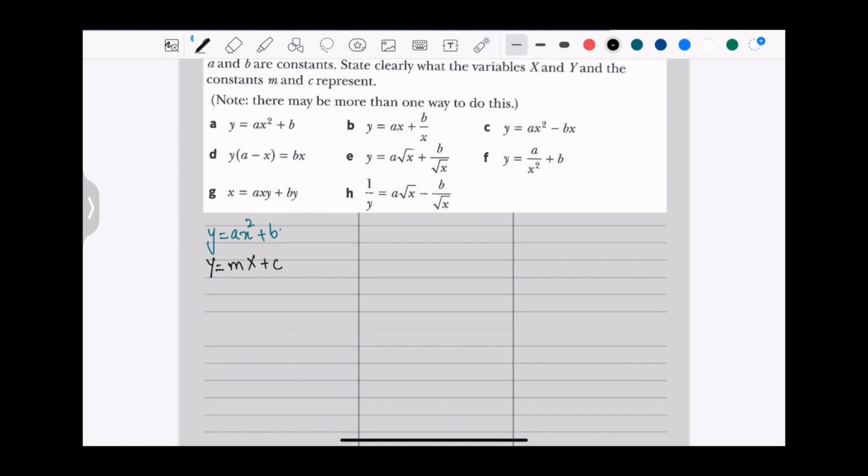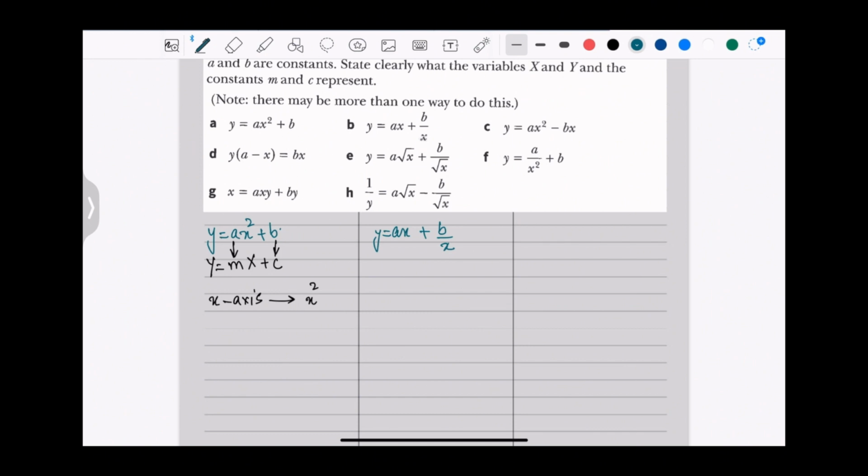Now on the x-axis, if I take x squared and y remains as y, as you could see, a turns out to be the gradient and b is the y-intercept.